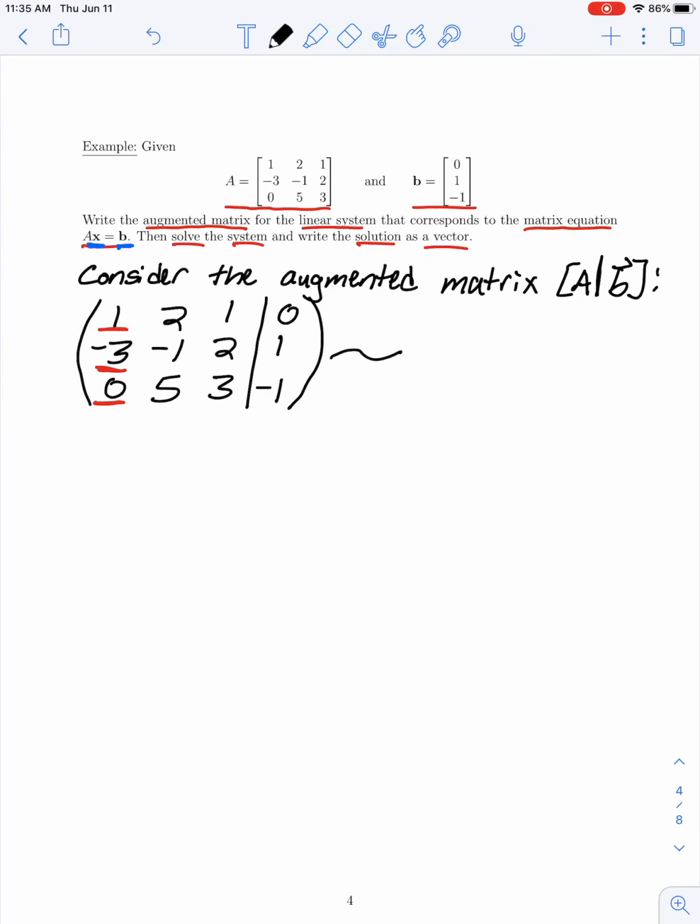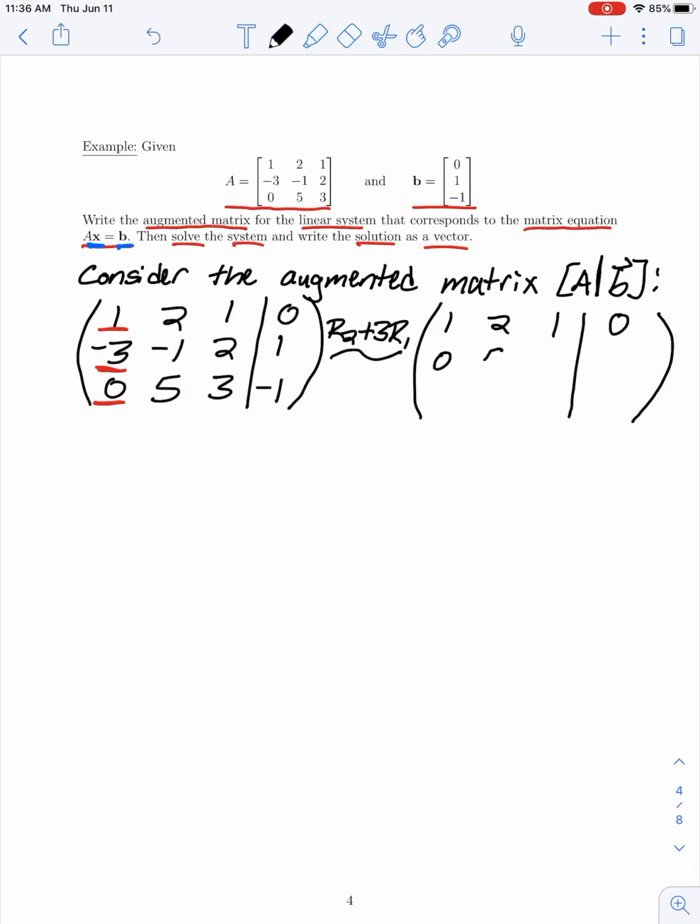And an easy way to do this would be to take row 2 and add to it 3 times row 1. So my first row remains the same. I have 1, 2, 1, 0. And my second row becomes, let's see, we have 3 minus 3 is 0.